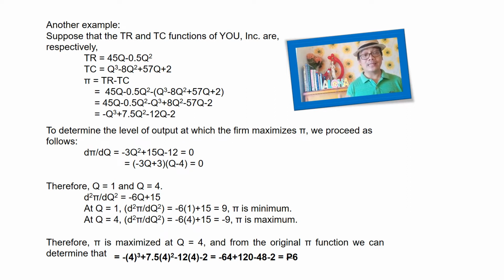So, we have negative 6 times 1 plus 15 equals 9. So, this is positive. Therefore, profit is minimum. How about at q equals 4? So, we have negative 6 times 4 plus 15, which is equal to negative 9. So, profit is maximum. Therefore, profit is maximized at q equals 4.